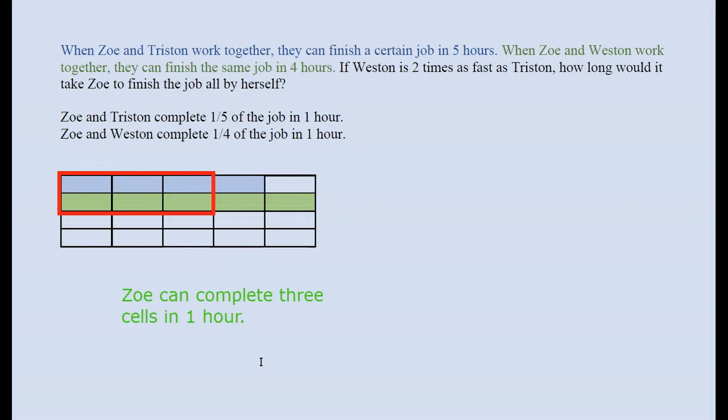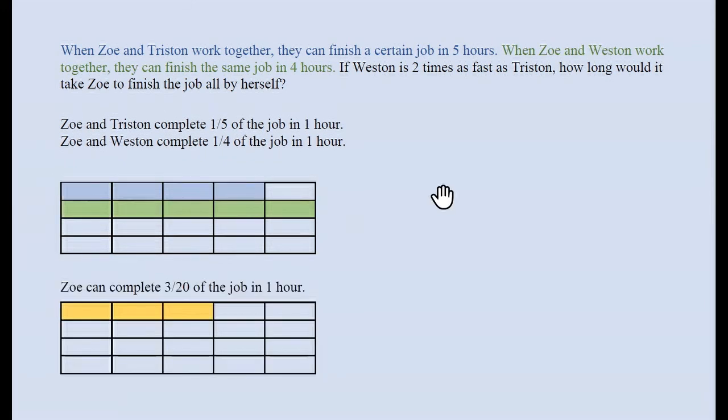So this is clear. If Zoe completes 3 cells per hour, Triston must complete 1 cell per hour and Weston must complete 2 cells per hour. That makes Weston twice as fast as Triston. If you gave any other number of cells for Zoe's rate, you would not get that 2 times rate for Weston and Triston.